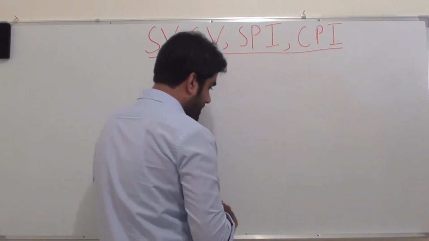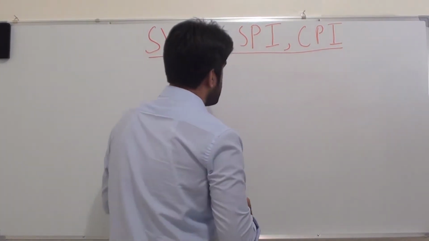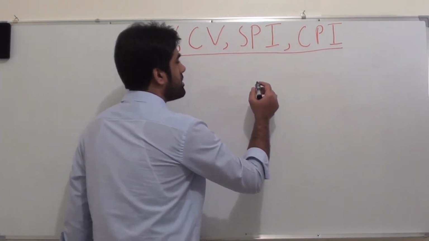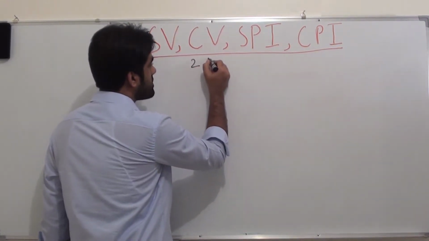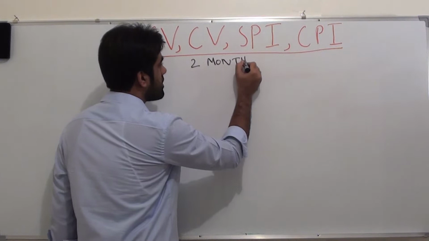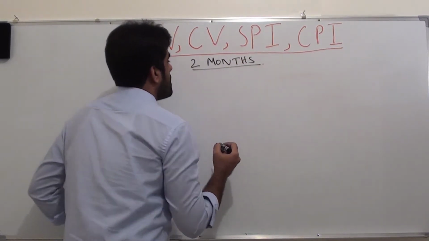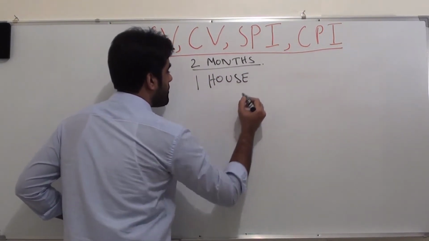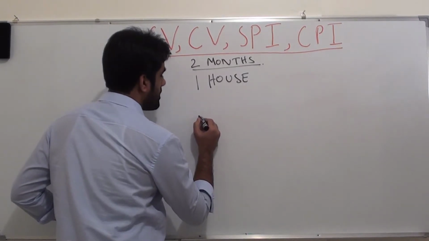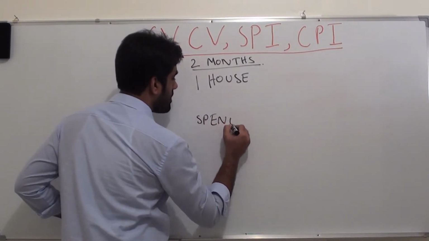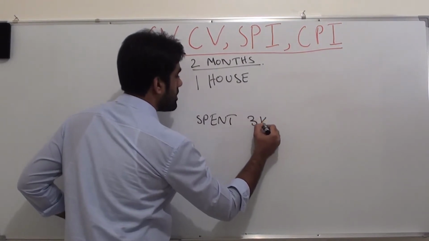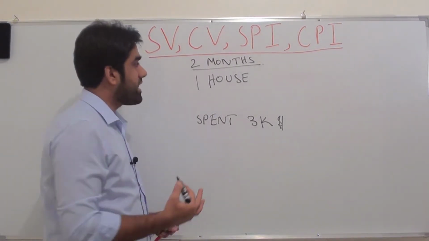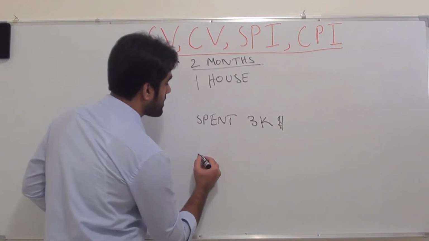The current scenario of the project is, at the end of 2 months, only one house is constructed, and they have spent $3,000, whereas as per the plan, at the end of 2 months, 2 houses should have been constructed.